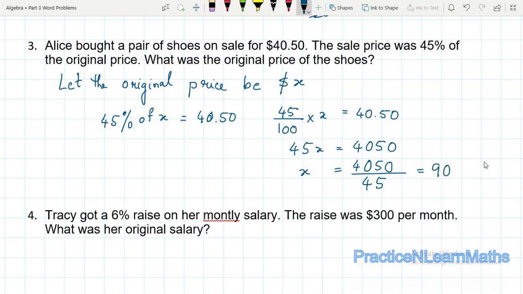So the original price of the shoes was $90. That's the answer.